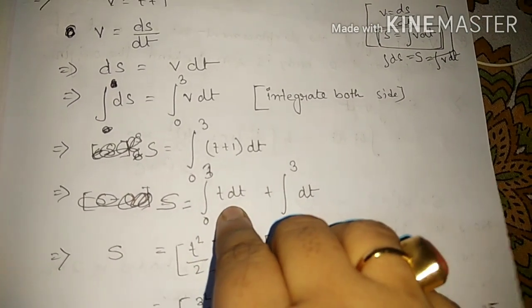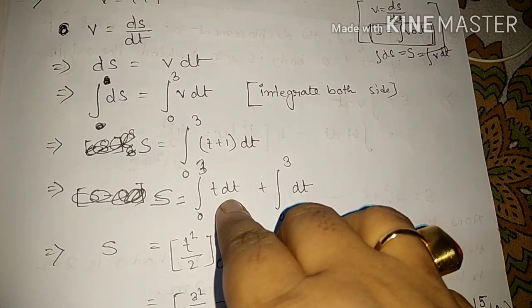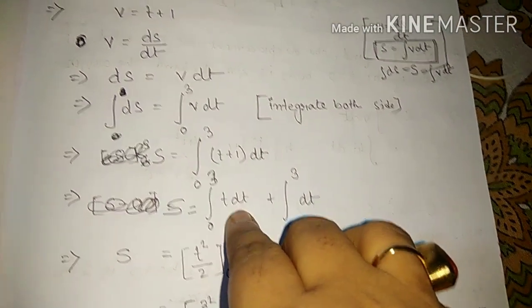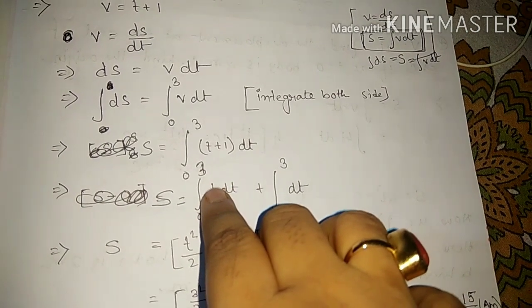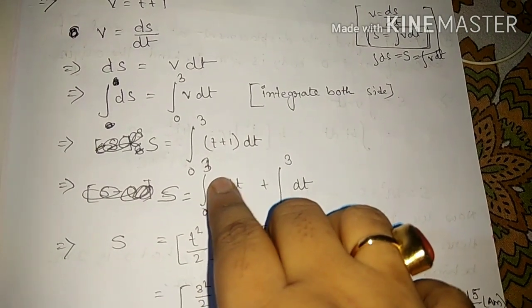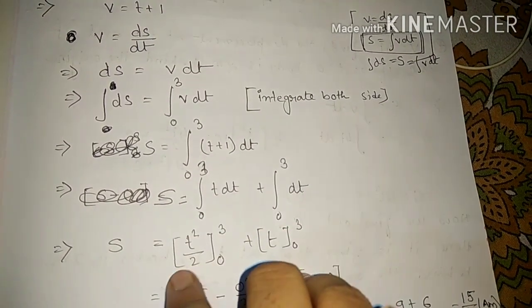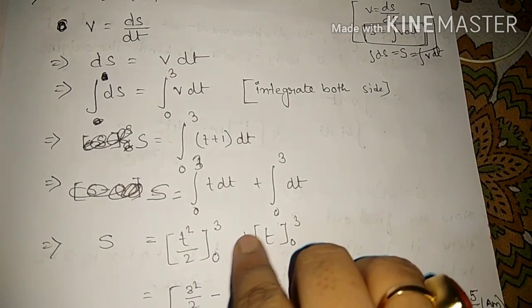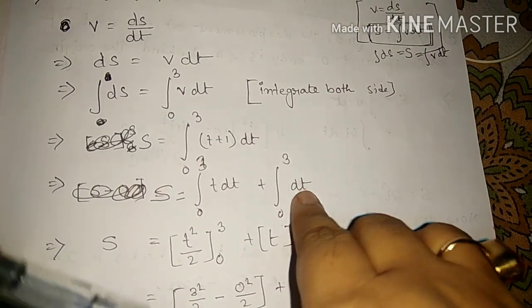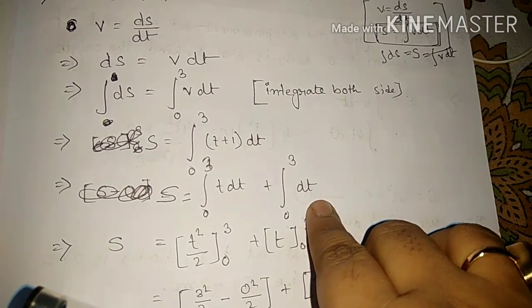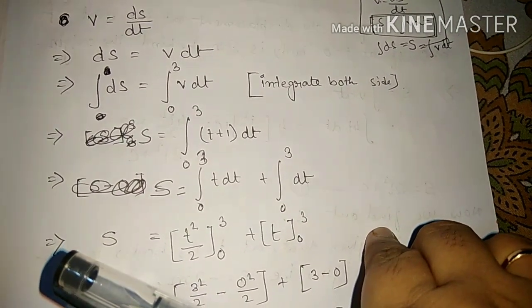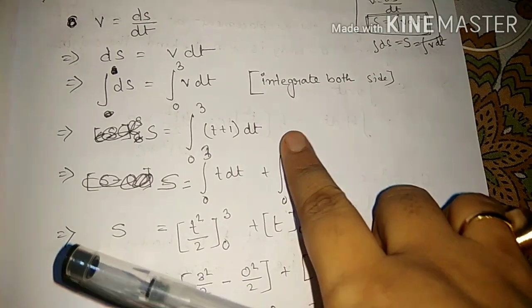After solving t into dt, we know the formula x to the power n plus 1 by n plus 1. Here t has power 1, so 1 plus 1 is 2, divided by 2, from 0 to 3, plus the integration of dt, which gives t, with limits 0 to 3. We write no constant term here because the limit is given.